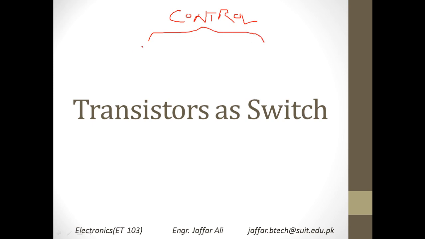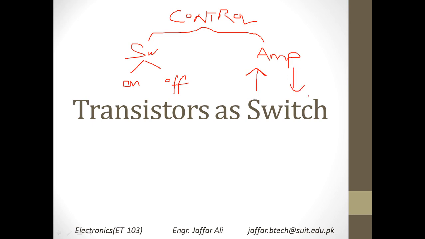Control means either to switch, meaning you can turn any device or load on or off, or to amplify. As an amplifier, you can increase the gain, like a fan: you want to increase the speed or RPM of the fan, and similarly you can decrease it also.